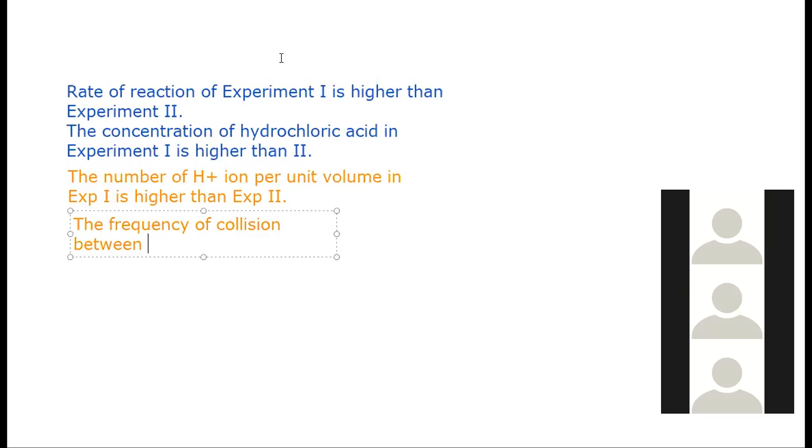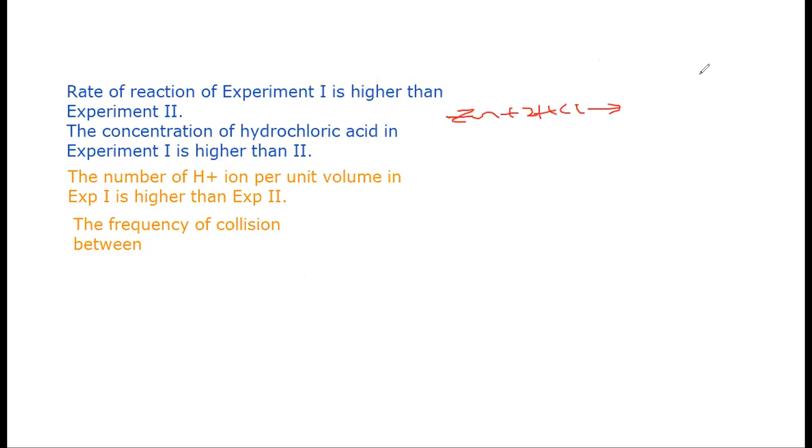Okay, now for those who cannot determine, I'm going to show you what you should be doing to determine the particles that collide with each other. I'm going to write it here. Just now you were having your equation as this, the ZnCl2 and hydrogen gas.